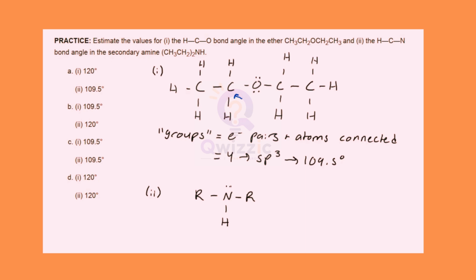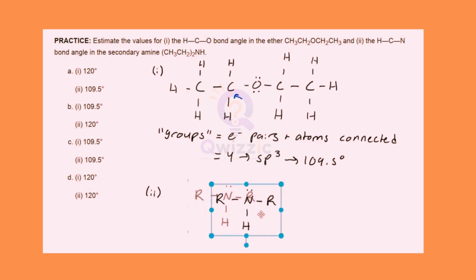This is because nitrogen prefers to have actually 3 bonds and only 1 lone pair of electrons to satisfy its octet. So using the same rules as before, we're going to substitute the R groups of the general Lewis structure with the R groups in the given amine, which once again happen to be ethyl groups.